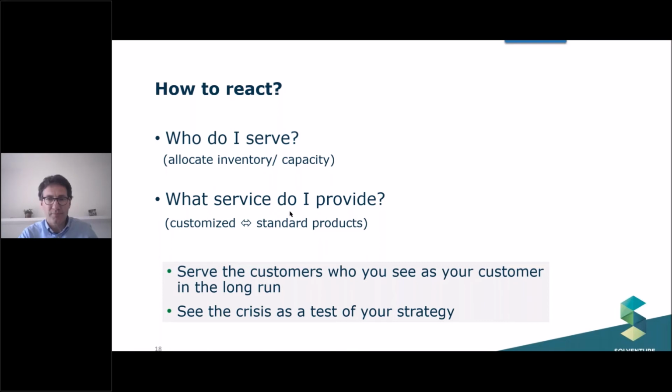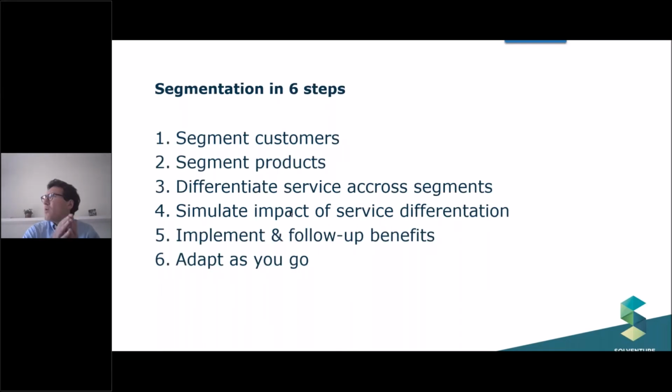Now, I'm going to present as it links to Corona. We had a couple of questions from people related to segmentation, and what we are offering is a quite basic way of segmenting your business.